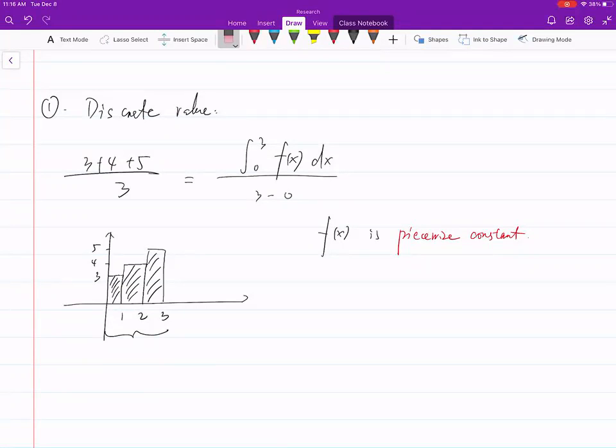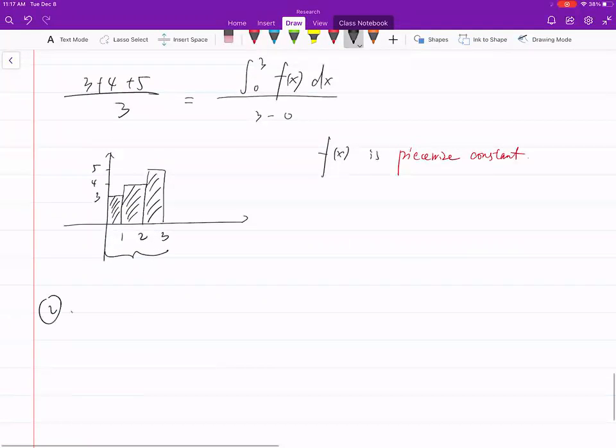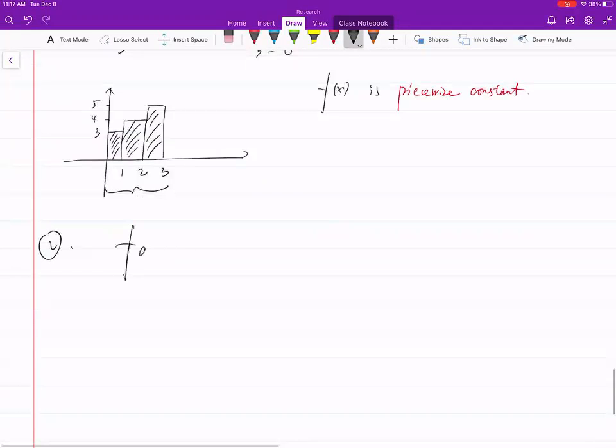Then each length is not going to be 1 anymore. It's going to be very small. Do you realize this is nothing but a Riemann sum when you squeeze all the rectangles into a finite interval? So of course it's related to integration. Beautiful. That's one way of understanding it. The second way of understanding it, this is what I'm trying to do.